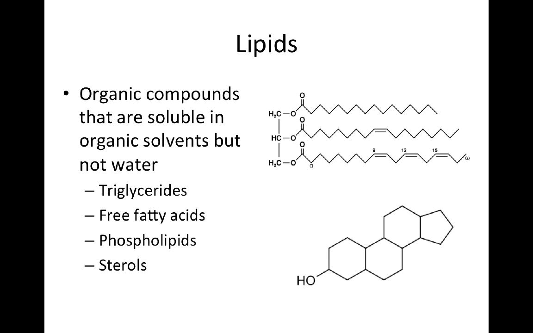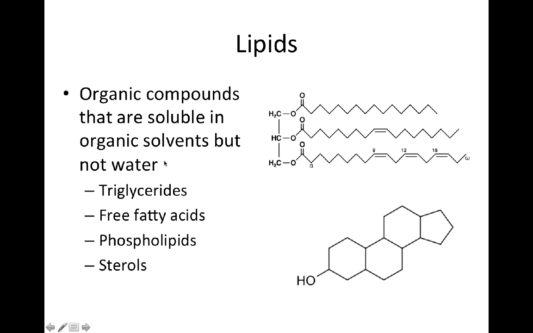So lipids are organic compounds, organic meaning they're made up of carbon mostly as the backbone. They are different than many others in that they're insoluble. A lot of the bonds in lipids are carbon-hydrogen bonds, which are nonpolar, which leads to a structure that's non-soluble in water.